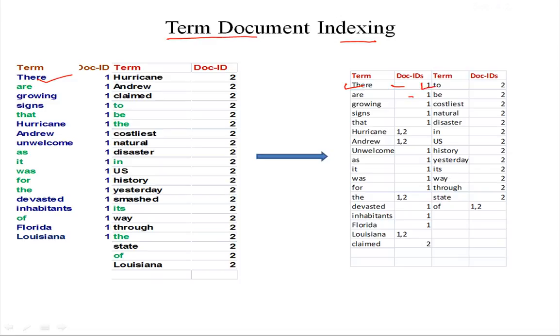R exists only in document ID 1, but there are some terms like hurricane that exist in both documents, and Drew exists in both documents. Sandhya exists in both documents, and like that. So now this construction is called term document indexing. We will take terms and assign the documents or document IDs. Generally, document ID is used to represent the indexing.